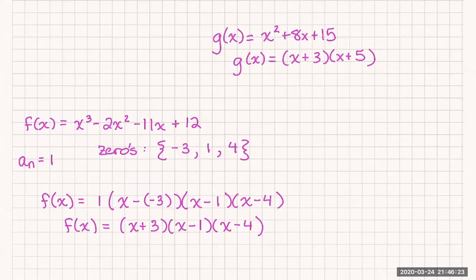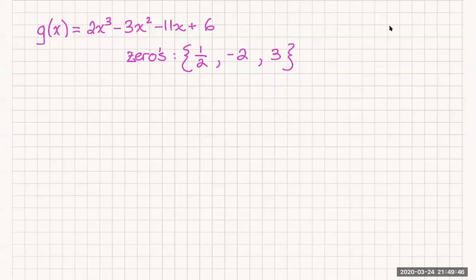Now, let's take, for example, a situation like this. Okay, so let's say we have the polynomial 2x cubed minus 3x squared minus 11x plus 6. And I know my zeros are 1/2, -2, and 3. So how would I use the linear factorization theorem to factor this polynomial?